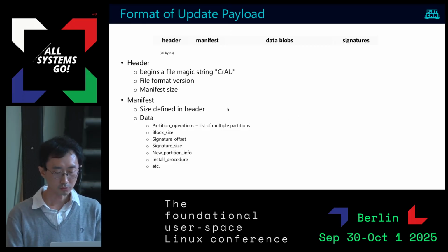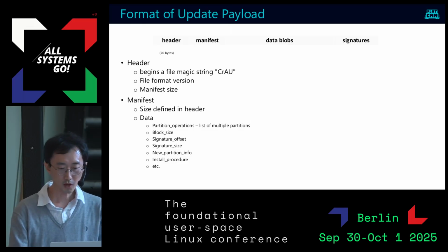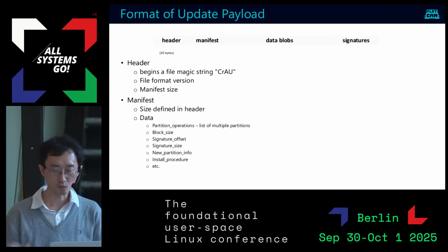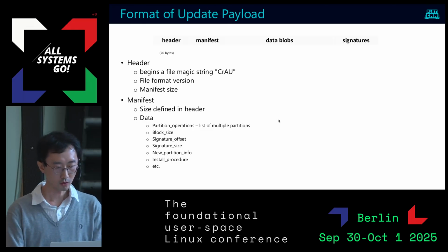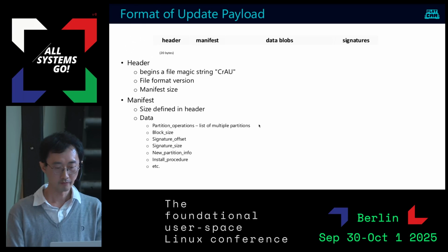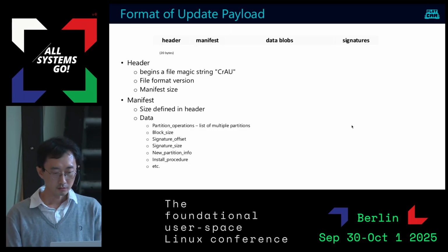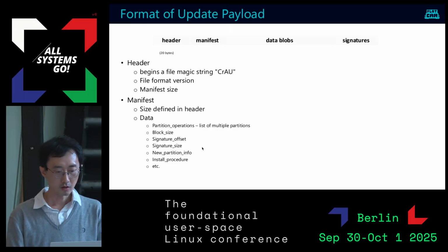The manifest also has a lot of data definitions, to be able to locate at which location the data chunks are read or written. Partition operations are a list of multiple partitions, and it has an arbitrary-length list of many chunks of data. It has a block size, signature offset, new partition info and so on.